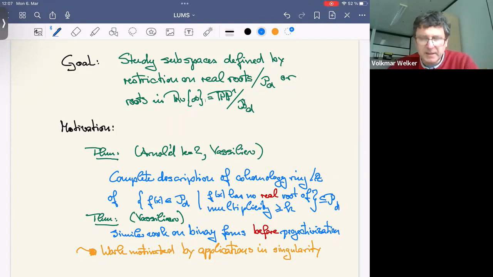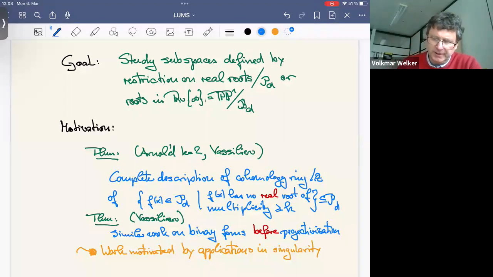And this has some topology, and therefore you can look at the cohomology, can look at fundamental groups, and everything essentially is classified in this work by Arnold and Vasiliev, up to the complete description of the product and cohomology. Vasiliev also did something on binary forms, similar work, similar root restrictions, but he did not consider the projectivization that we will need for our work.